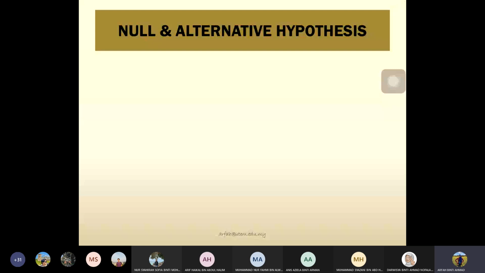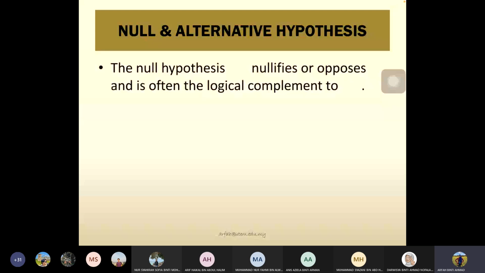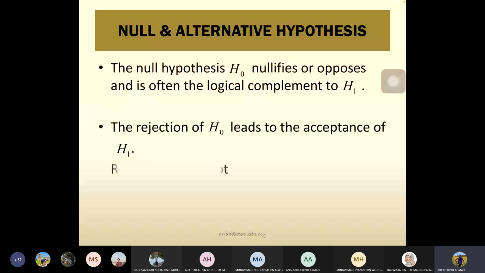So the rejection of H null lead to the acceptance of H1. So once when you do the H null H1 and then kita akan buat dia punya test. So dia punya keputusan, decision is sebab awak ada 2 H null and H1. If you reject H null means awak akan accept H1. Okay.